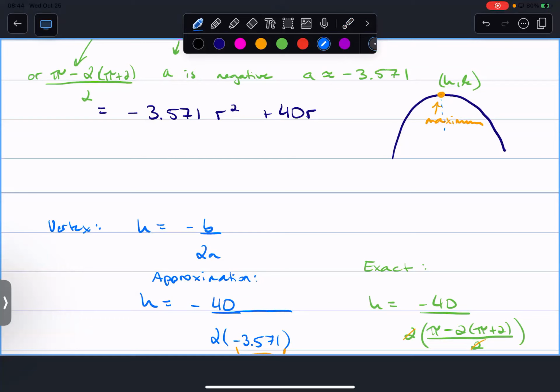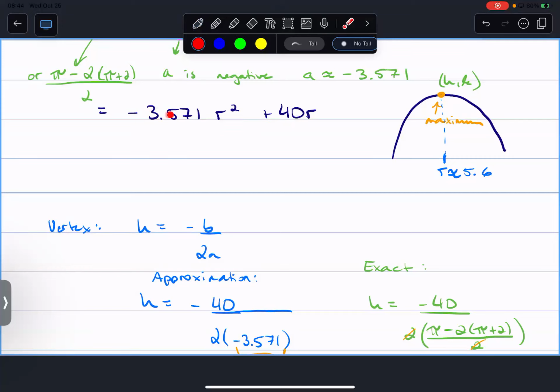So here, this happens at R equal to approximately 5.6. So now I want to find what this thing is.